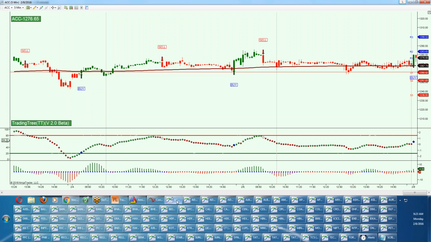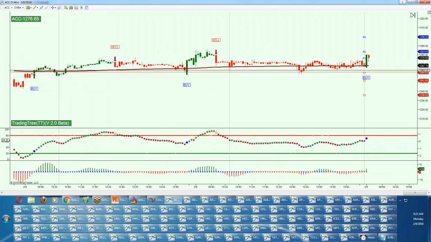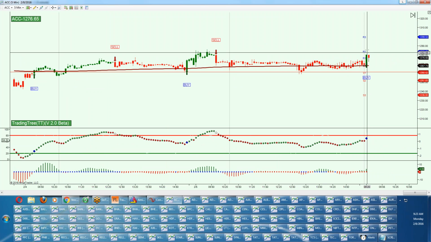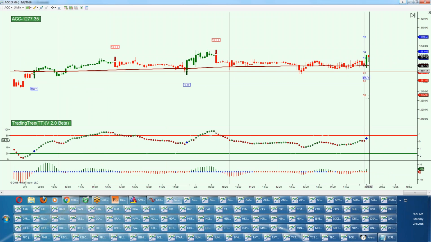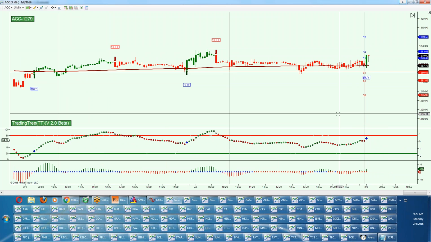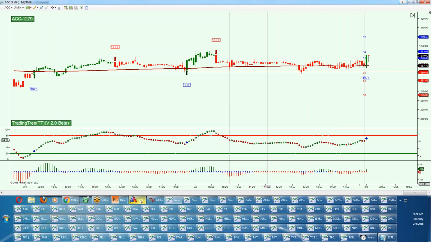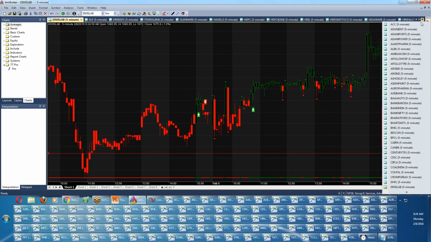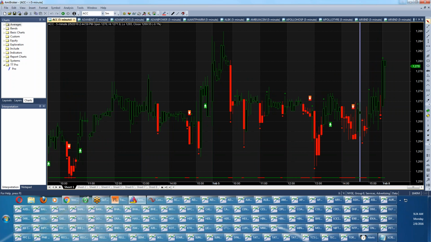We have ACC. ACC is a buy. Whenever you get a buy call near R1, R2, which are the resistance and support lines, always try to buy above this R2. That will be 1284, the buy price for ACC. Let me draw a line here. I'll still need to get a confirmation.